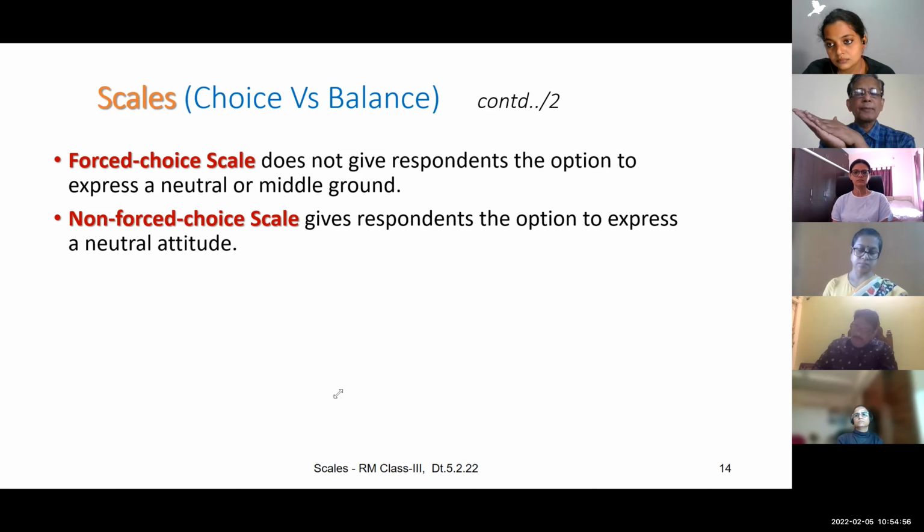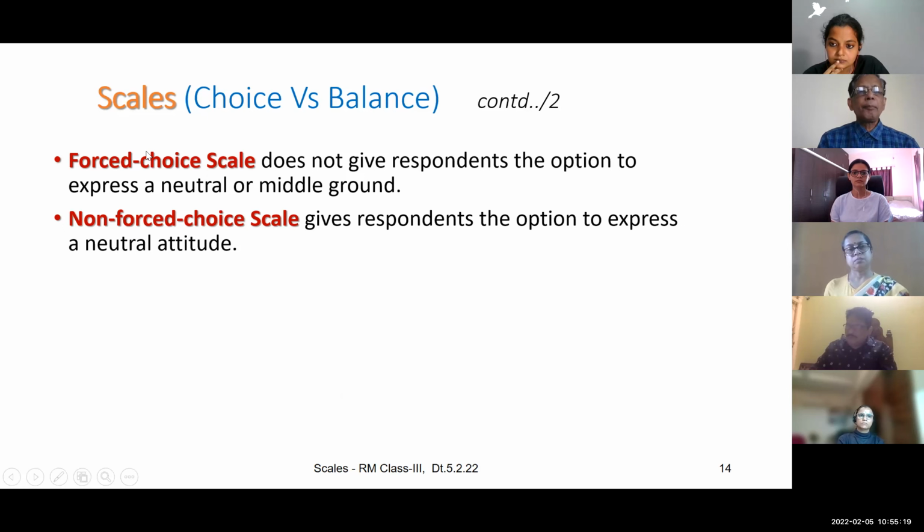All your responses are within 6 to 10. Can we not extend the higher portion so that we find where we are missing? If you put it as non-forced, then it may not serve the purpose.